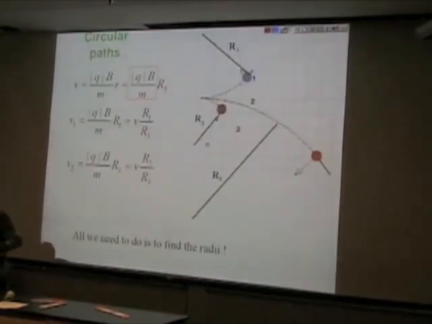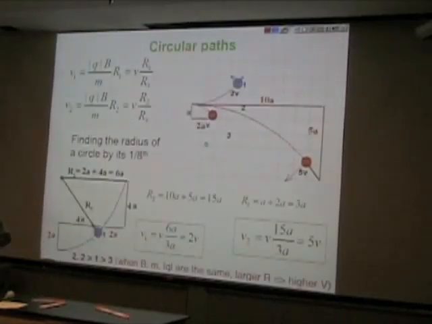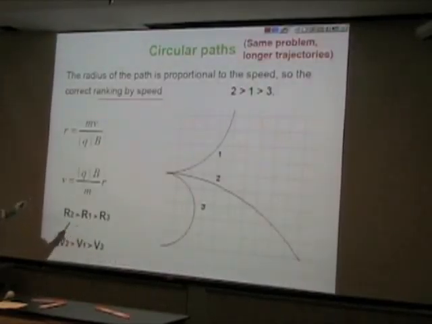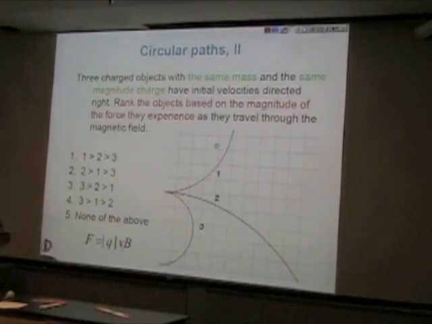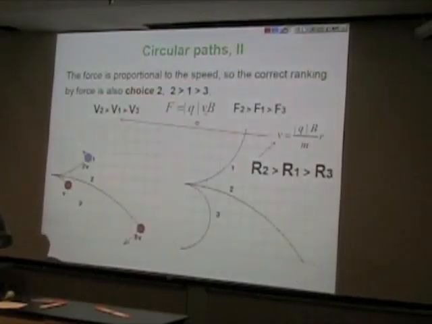So we would have to answer this. Now, of course we can rank those particles in terms of forces. Same particles, same m, same q. In this situation, if you apply the expression for the magnetic force, force is directly related to speed. More speed, more force.